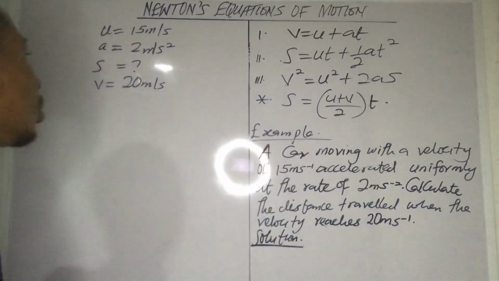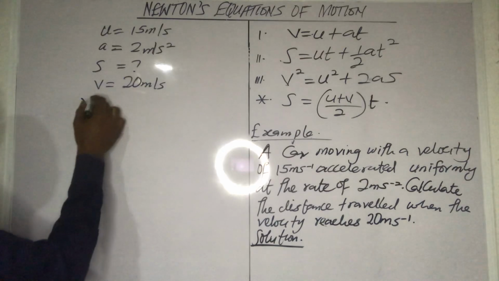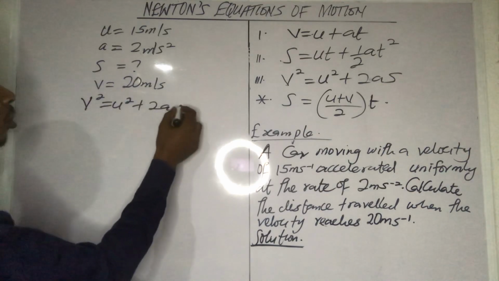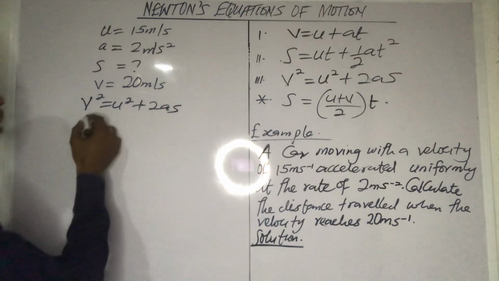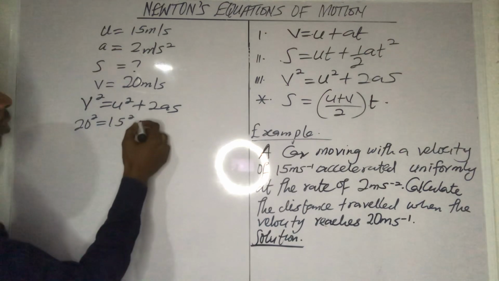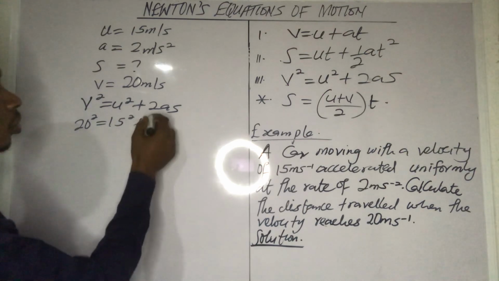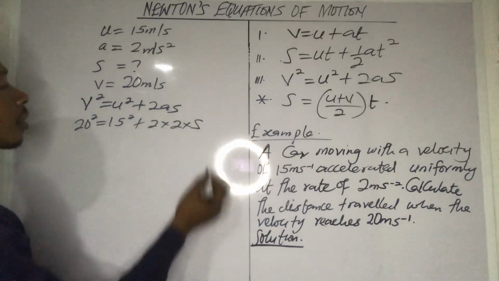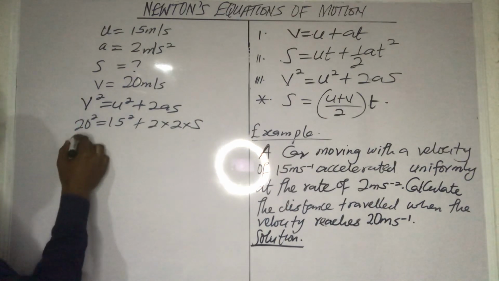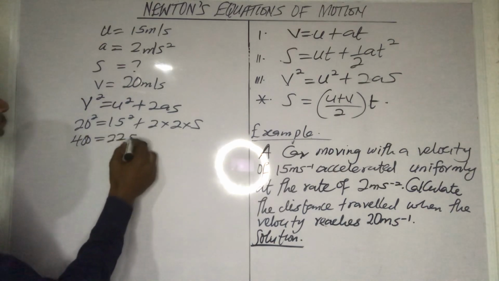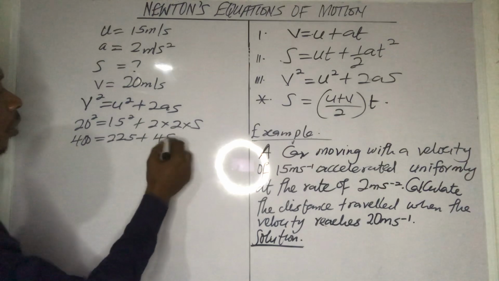Now, applying equation 3, which is V squared is equal to U squared plus 2AX. Then you have 20 squared is equal to 15 squared plus 2 times 2, acceleration, times X, distance. 20 squared will give me 400. 15 squared is 225, plus 4x.